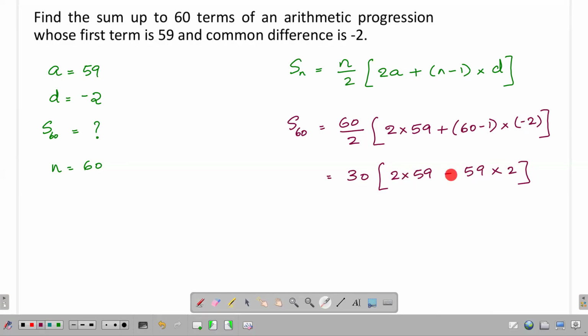So 2 into 59 minus 59 into 2, you know that this results in 0. So the sum to 60 terms will be coming here as 0. That is my final answer.